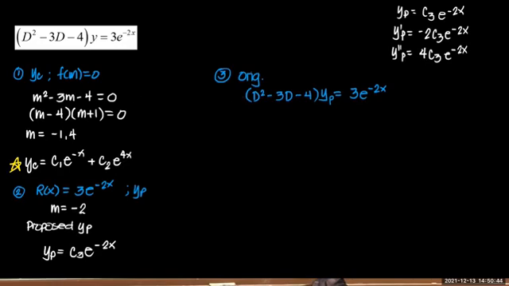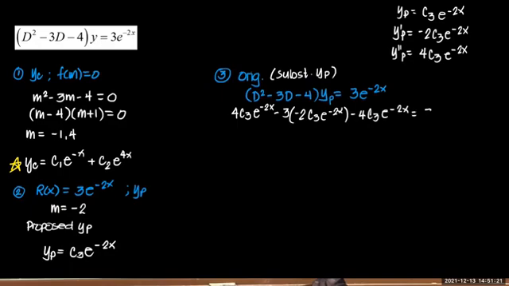Using the original, substitute the yp's that you solved for. The second derivative is 4 c3 e to the negative 2x minus 3 times the first derivative, negative 2 c3 e to the negative 2x, minus 4 yp, so minus 4 c3 e to the negative 2x, is equal to 3 e to the negative 2x.